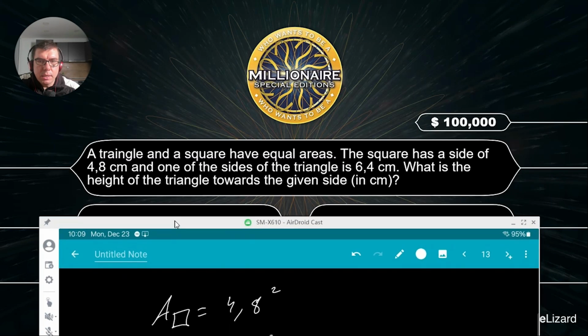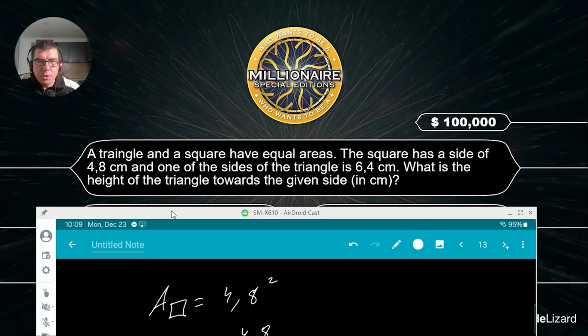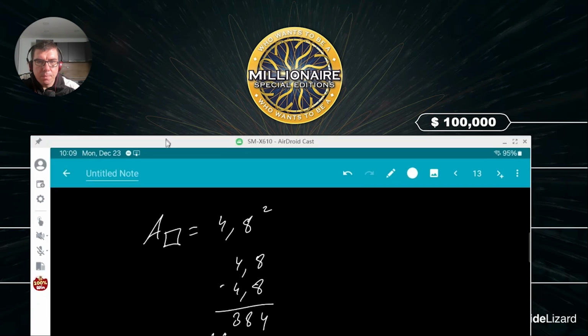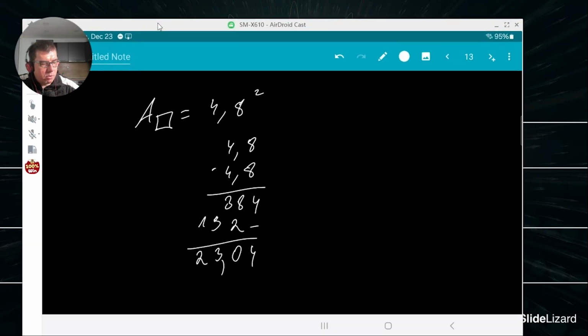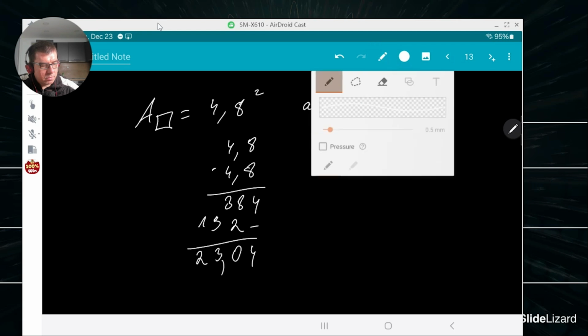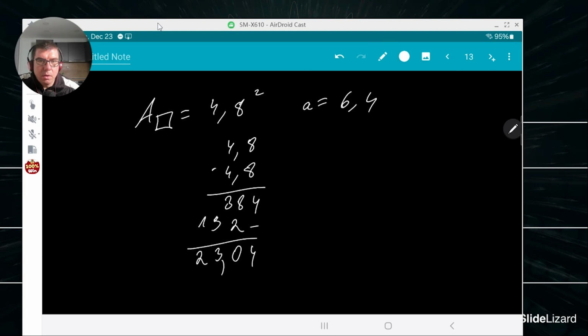so this is the area of the square and of the triangle. One of the sides of the triangle is 6.4, so let's call it A of the triangle is 6.4. We are looking for H, so the area of the triangle is 6.4 times H over 2, right?